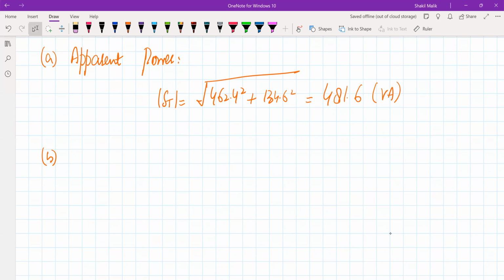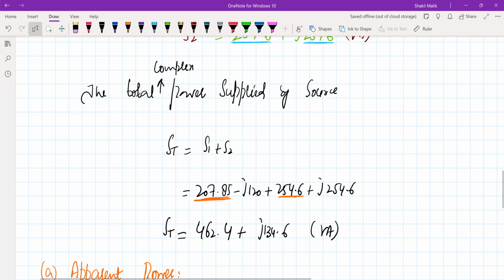So the total real power, let's call it PT, will be equal to P1 plus P2. P1 is the real power absorbed by the first element, and P2 is the real power absorbed by the second element.